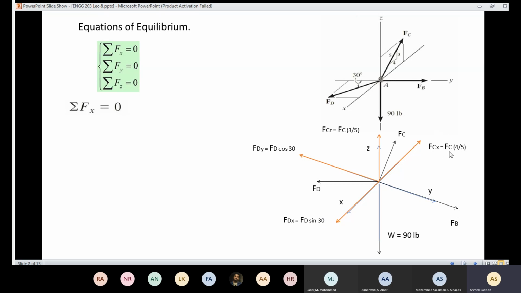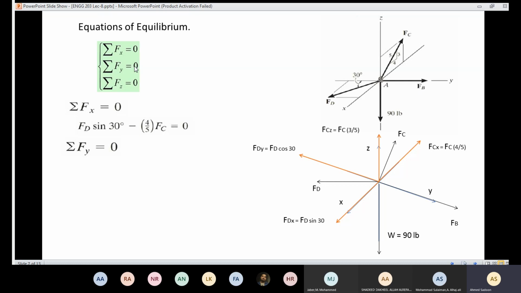Here I have Fc times 4/5, which is negative. So I have only two forces. I'm going to add them together with their signs. It's very important. So Fd sine 30 is positive, minus Fc times 4/5 is negative. The summation should equal 0 since the particle is in equilibrium.